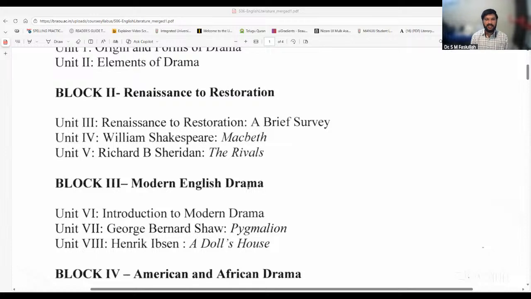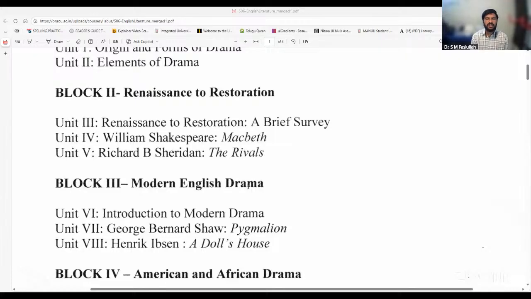So Renaissance is a particular period in the British history, and there are a number of things that have appeared in that phase, including literature. And so is the case of restoration.